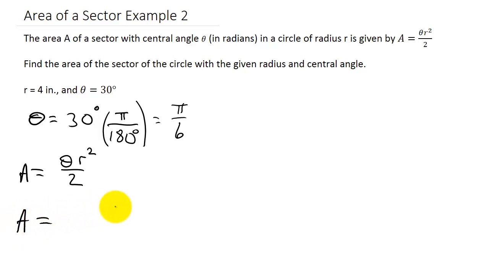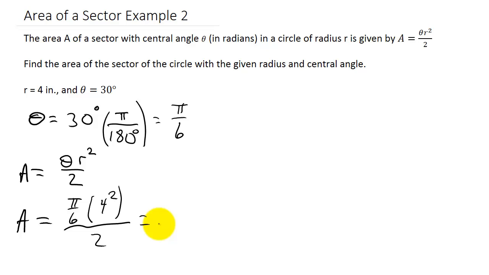So the area is theta, which is pi over 6. That's the 30 degrees in radians. So it's pi over 6 times the radius squared. So that's times 4 squared, and that's divided by 2.